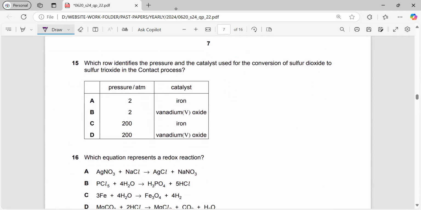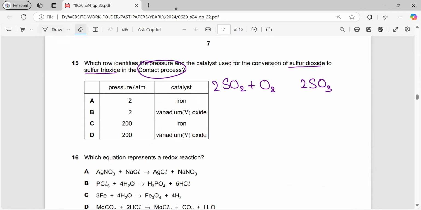Question number 15. Which row identifies the pressure and the catalyst used for the conversion of sulfur dioxide to sulfur trioxide in the contact process? Now, in the contact process, we have an equation where sulfur dioxide reacts with oxygen to form sulfur trioxide.